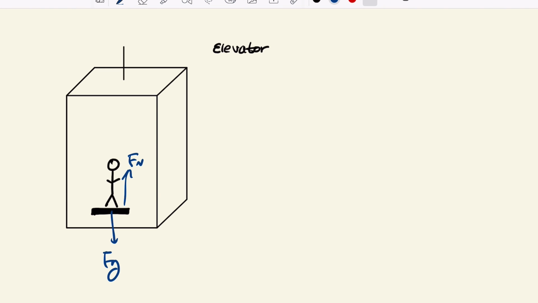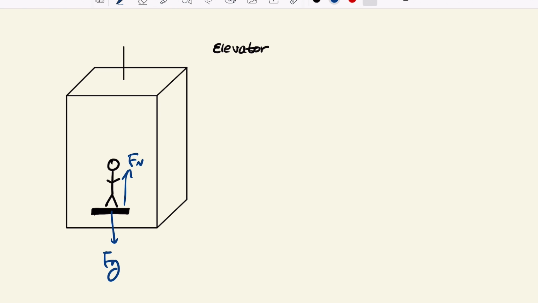So in the moving elevator, what would happen to the number shown in the scale? Intuitively, we would think that because the person standing on the scale's mass is constant, the person's not going to become heavier or lighter while the elevator is moving. So intuitively we would think that since the mass is constant, the numbers shown in the scale would also be constant.